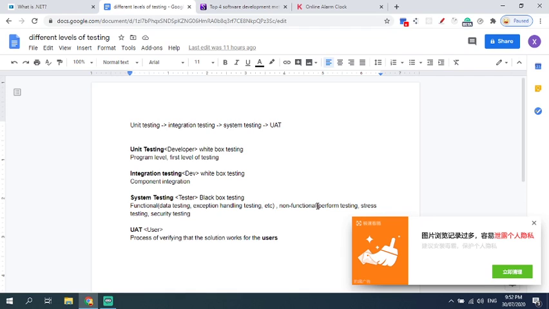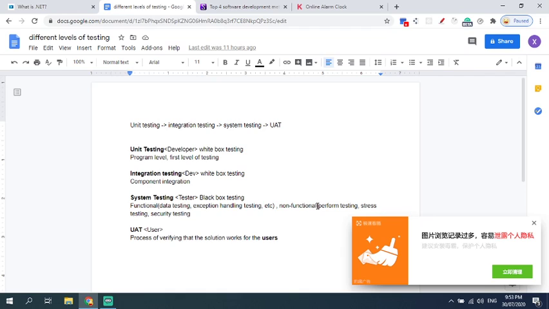User Acceptance Testing will be implemented by the user. So the company will release a beta version of the software, or the company will ask someone to test as a user. This is the process of verifying that the solution works for the user.